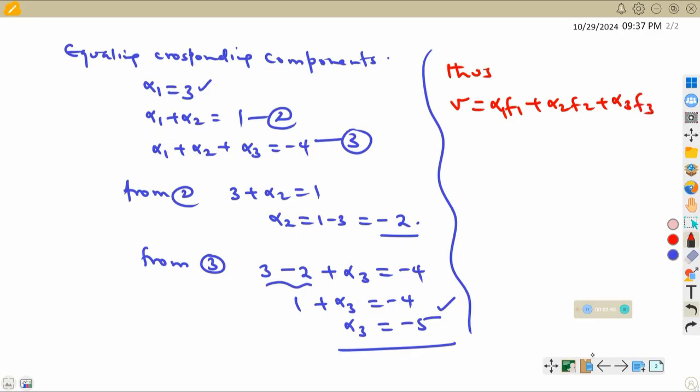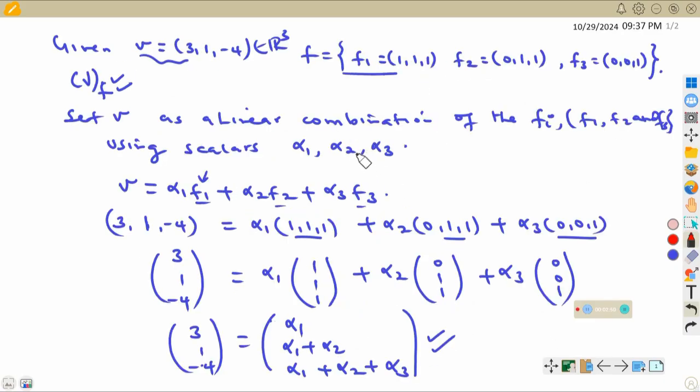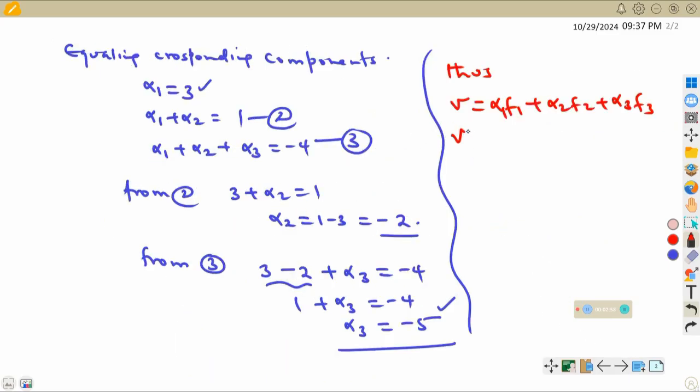That is what we had. We have so far already got alpha 1, alpha 2, and alpha 3, meaning v can be written as alpha 1, which is 3, f1, alpha 2 is minus 2, so we have f2 there, then alpha 3 is negative 5, f3.